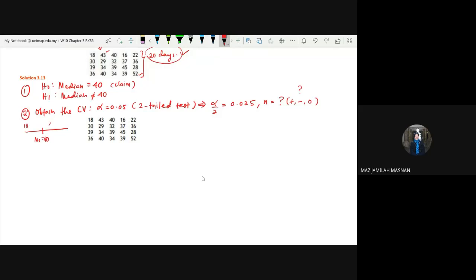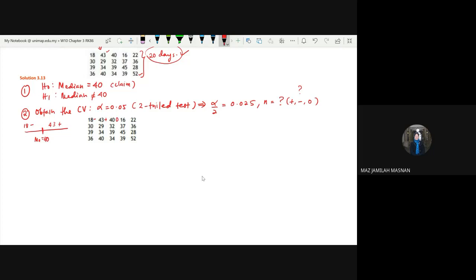For example, 43 is somewhere here, so it will give you a positive sign. So 18 gives negative, 43 is positive, and 40, exactly at the hypothesized value, gives 0.